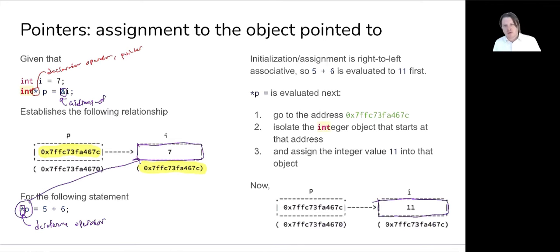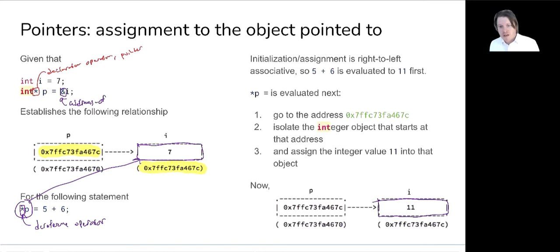So to just run through this in a more scripted manner, given the following statement, 5 plus 6 is assigned to P dereferenced. Since initialization and assignment is right to left associative, we first evaluate 5 plus 6 to 11, and then we evaluate the left-hand side of the equal sign.